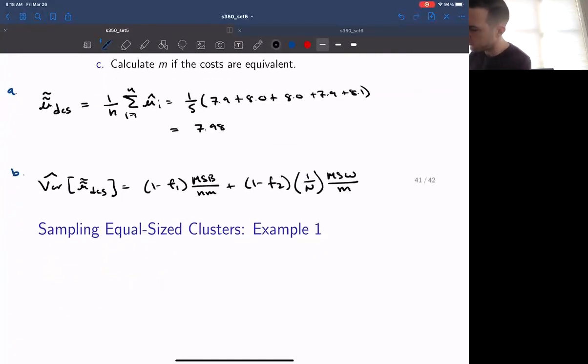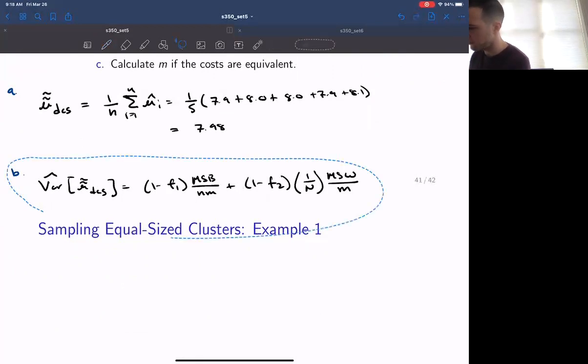All right, so let's try to get myself a little more room here.